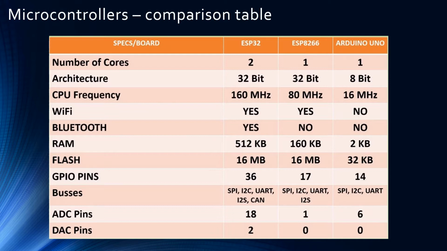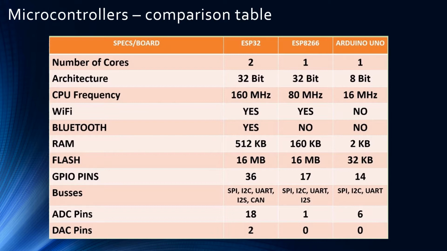Arduino Uno doesn't have any connection like Wi-Fi or Bluetooth. In contrast, the ESP32 has Wi-Fi and Bluetooth connection. ESP8266 is in between. It has Wi-Fi, but it doesn't have any Bluetooth.